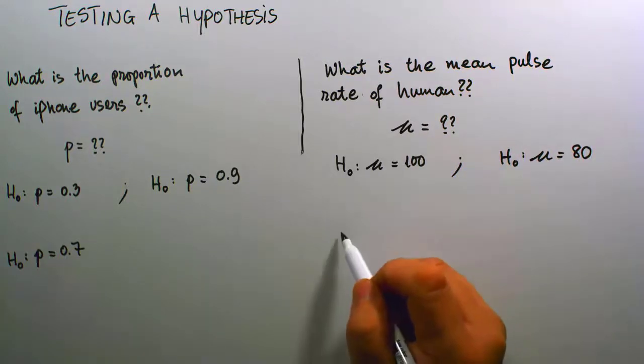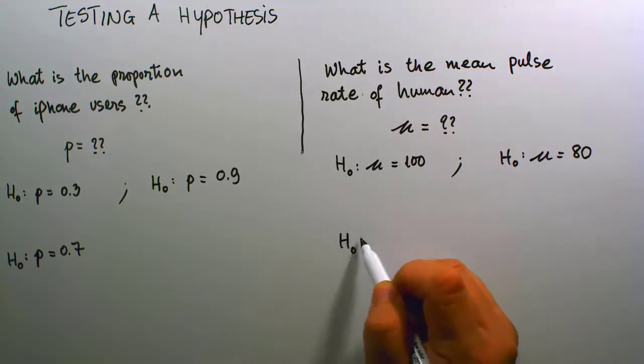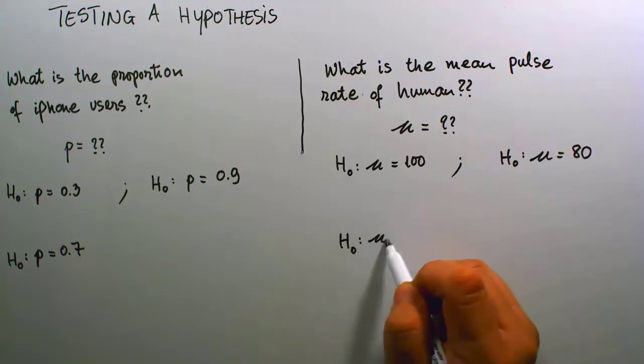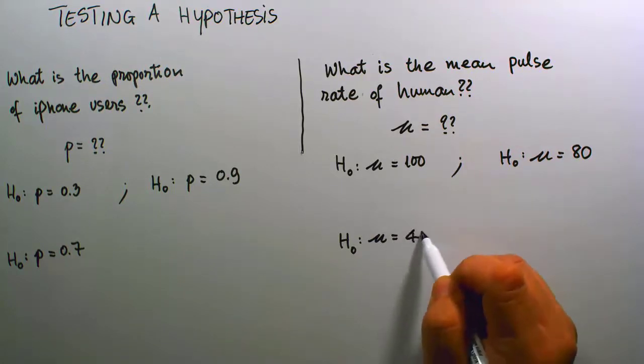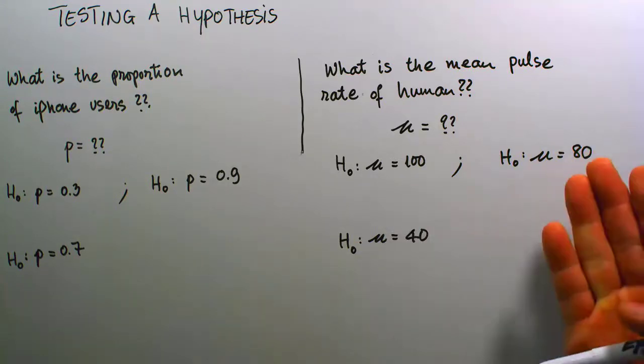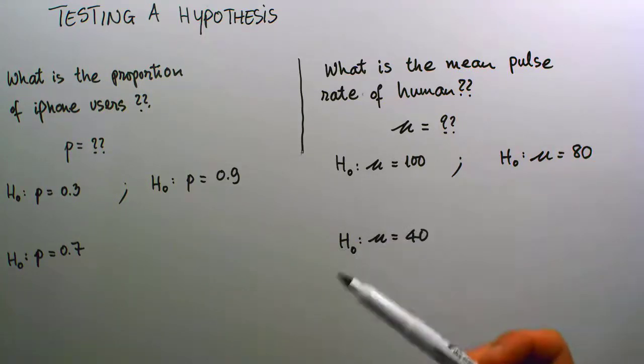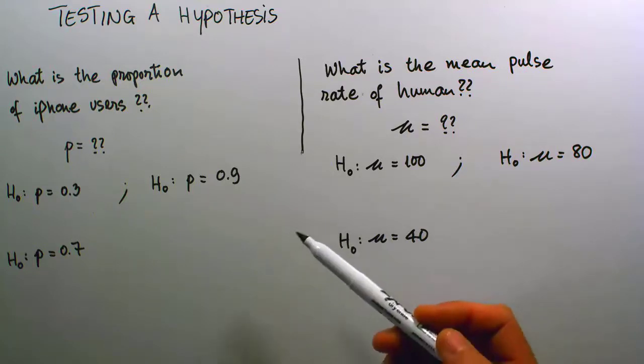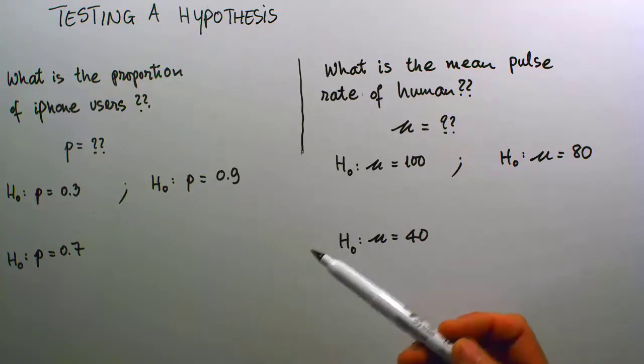And we can also have a hypothesis saying mu equals 40. But what I really need to emphasize now is that as far as which hypothesis here is the truthful one, nobody knows, because we have no basis for judgment.